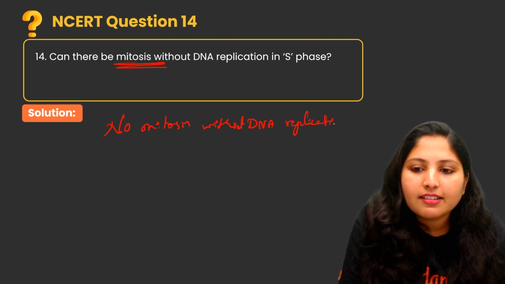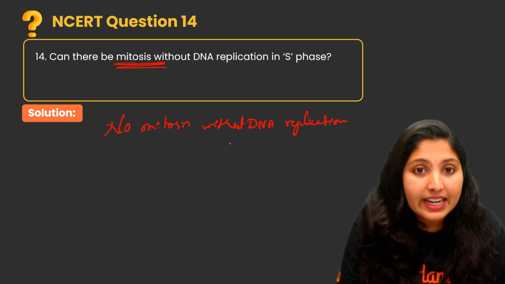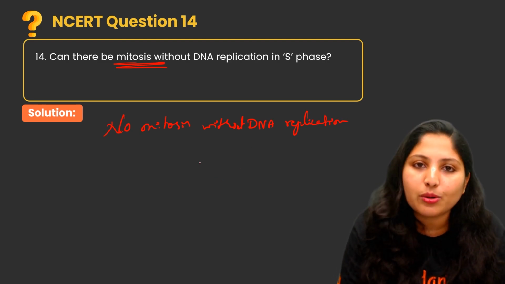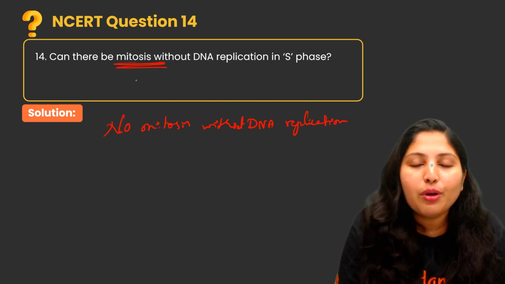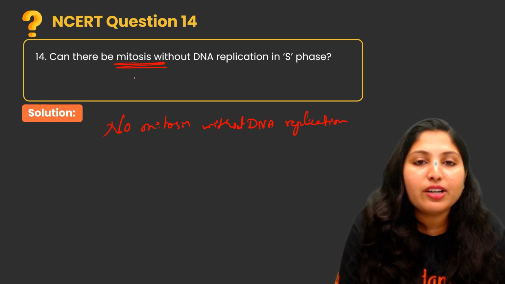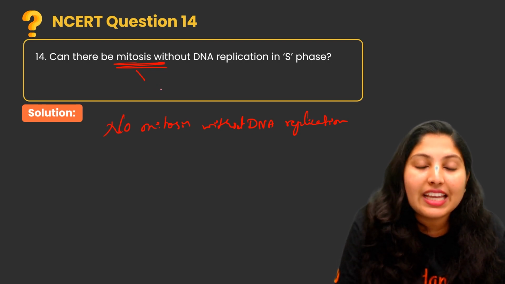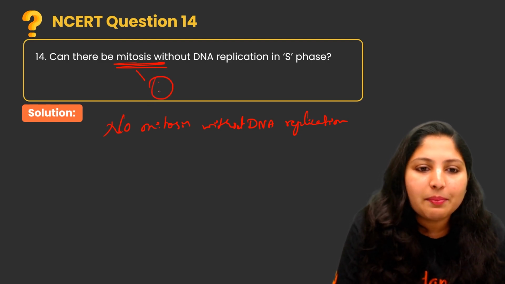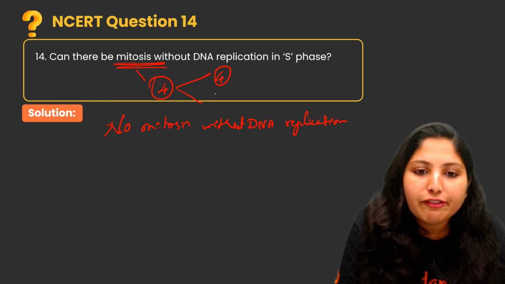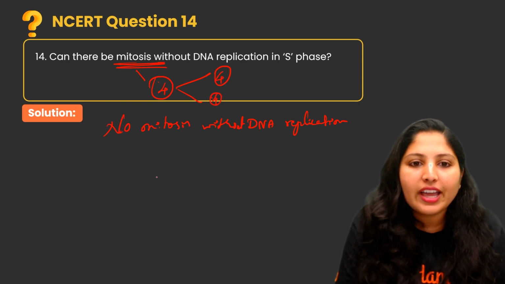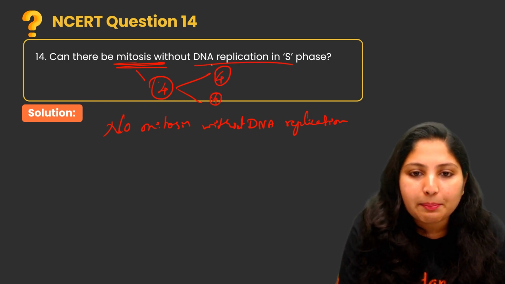First the cell undergoes DNA replication, and only then mitosis is going to happen. You know what mitosis means: the daughter cells contain chromosomes equal to the parent cell. So if the parent cell contains 4 chromosomes, the daughter cells also contain 4 chromosomes each. So that requires DNA replication.